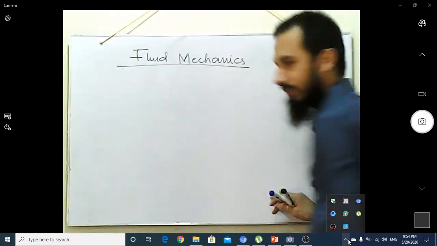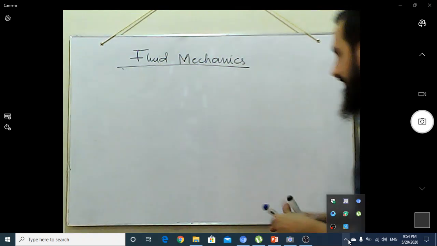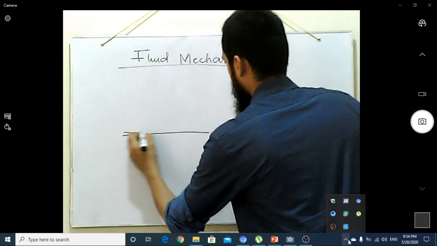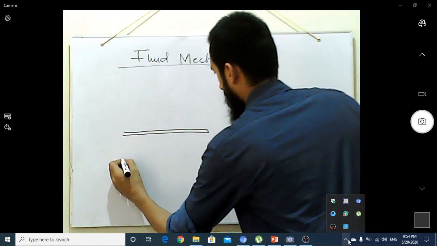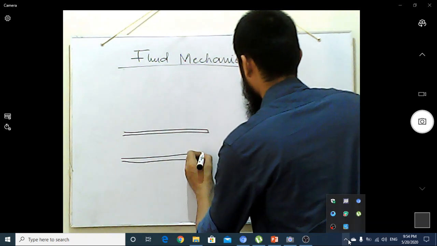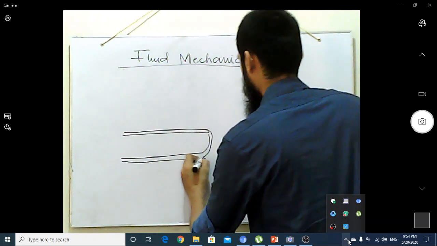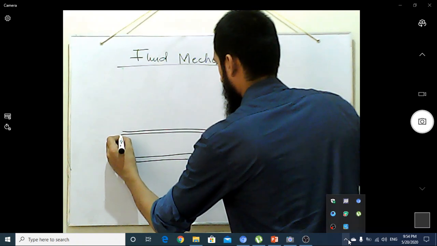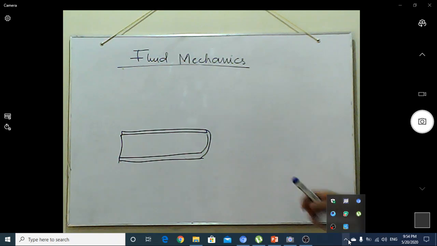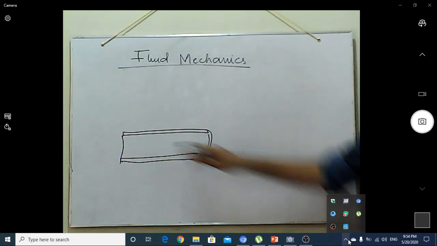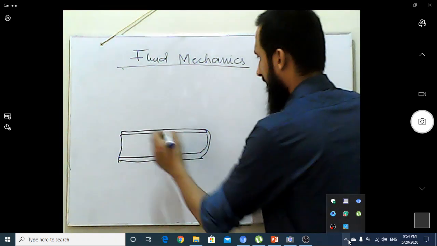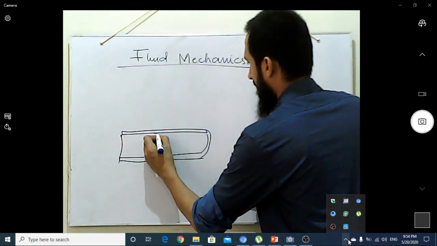Now consider flow inside a pipe, which is confined by two solid surfaces, like this is one solid surface and this is another, and the liquid is flowing internally. It has a velocity profile in that manner.